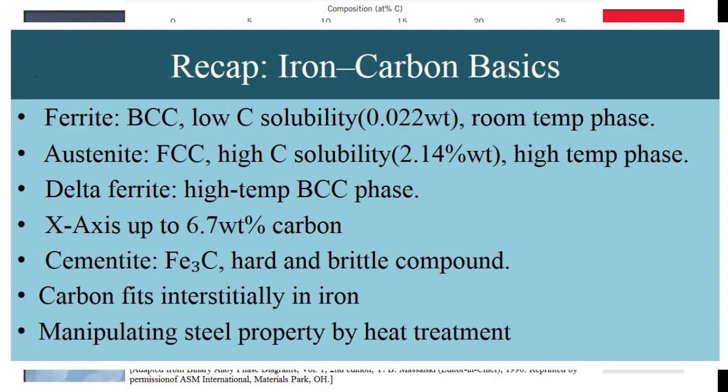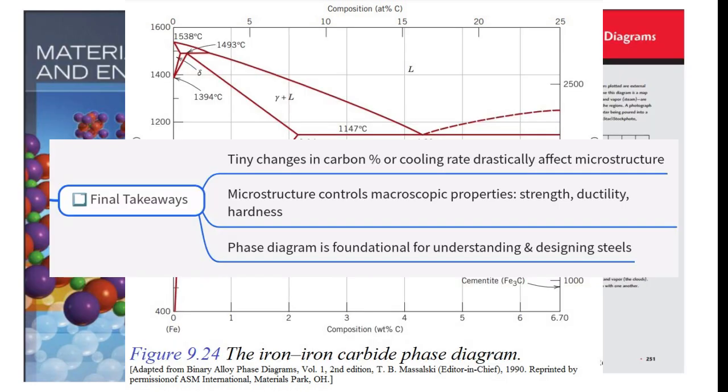And understanding that relationship is powerful, isn't it? Because it explains why just tiny changes in carbon content, maybe just a few tenths of a percent, or simply cooling an alloy through that crucial 727-degree eutectoid temperature can completely transform the internal structure of the material.